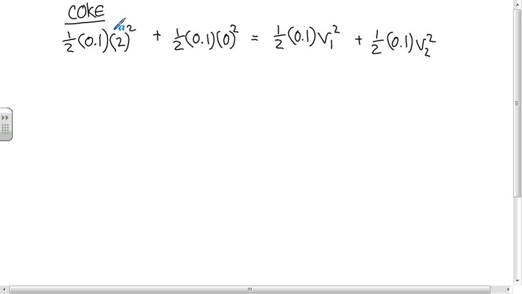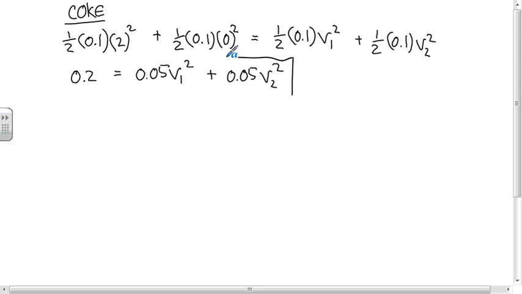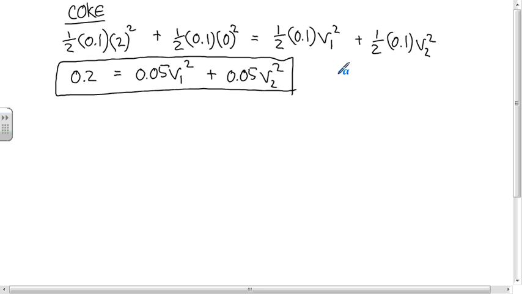And so this gives you 4 times 0.05. That's 0.2, right? And that's equal to 0.05 V1 squared plus 0.05 V2 squared. That's equation 2.